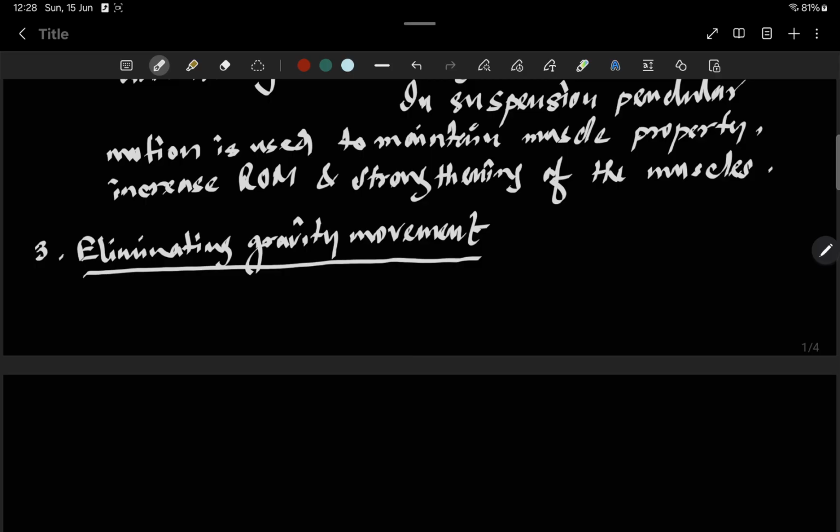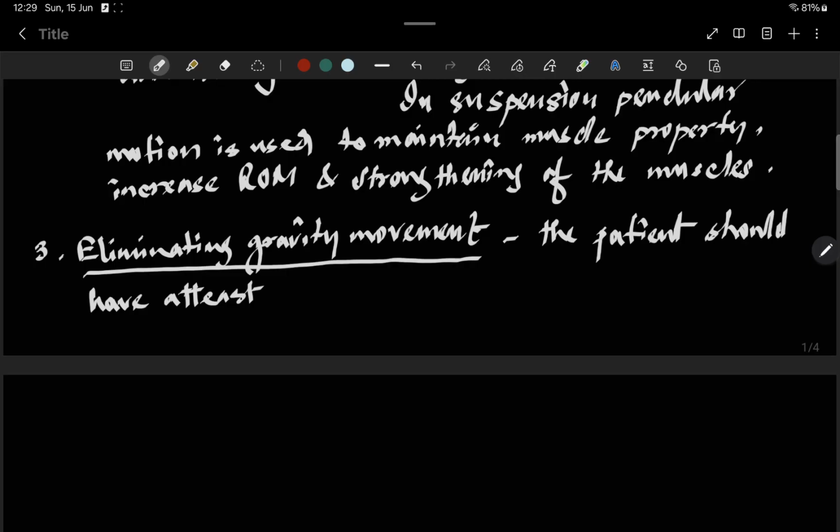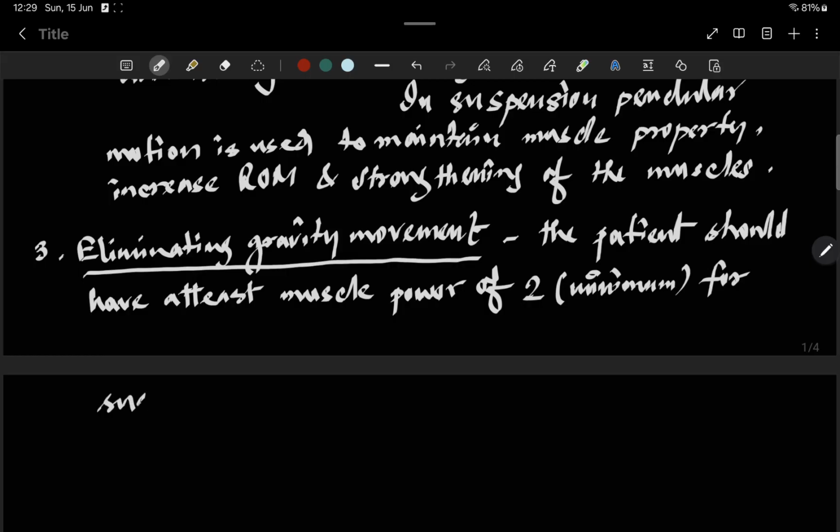For the suspension therapy, the patient should have at least muscle power of 2 minimum for suspension therapy exercise.